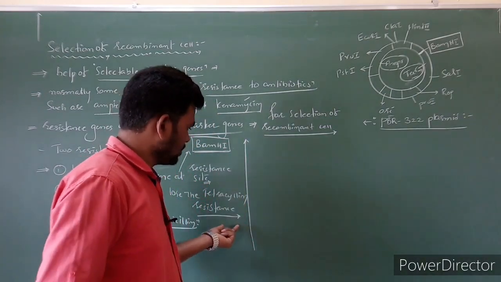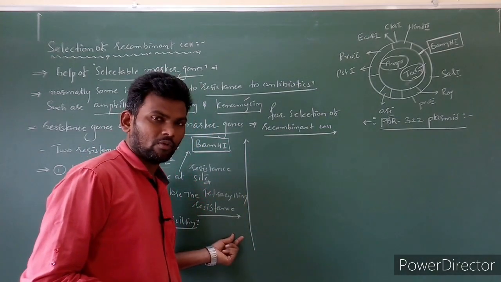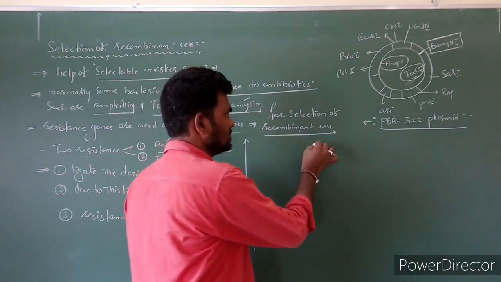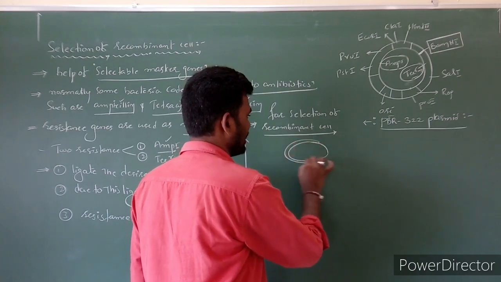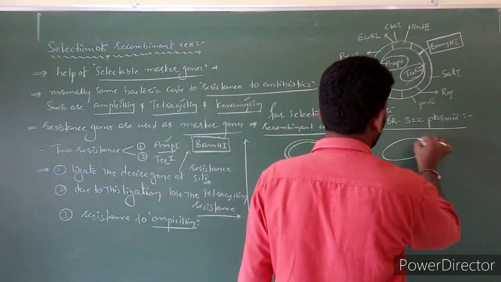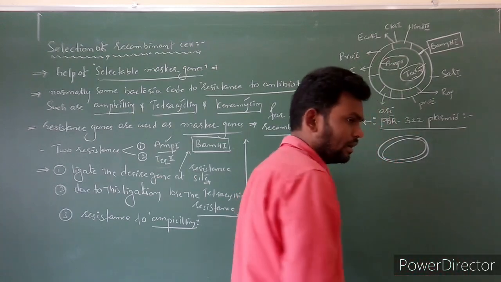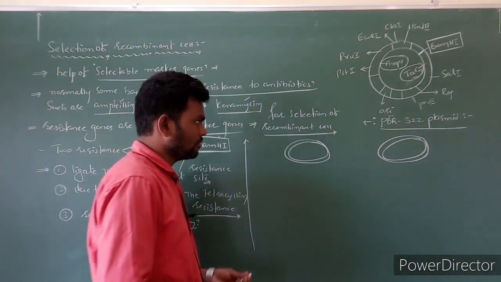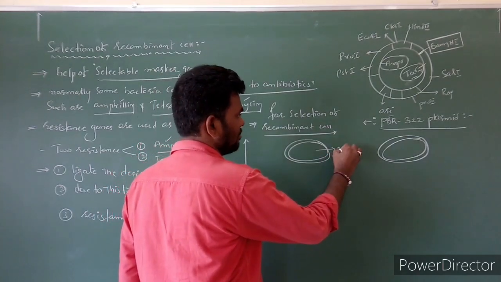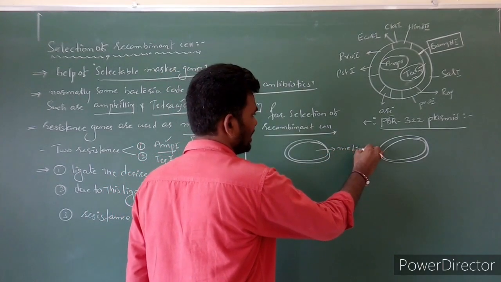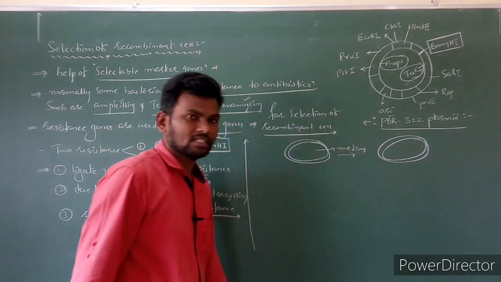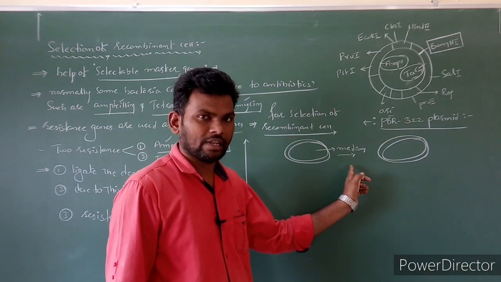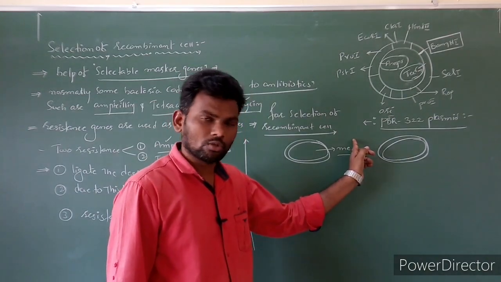Now this recombinant cell, we have to plate on two media. Let's take two Petri plates. First we add the medium. You know what a medium is? The medium is a combination of micro, macro and essential elements, also containing growth factors.